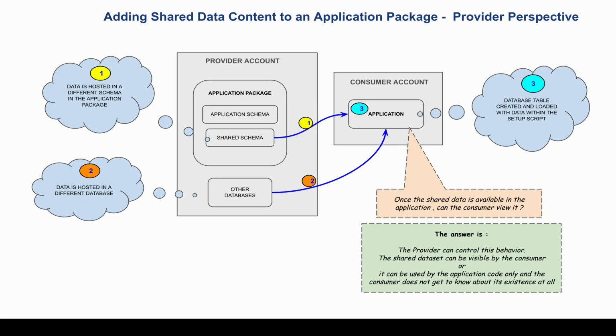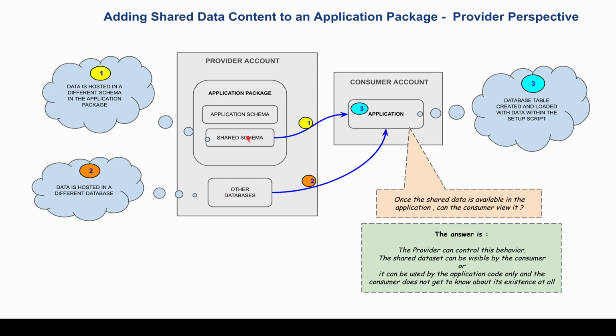Let's look at the number two way. The second way talks about hosting the data in a different database. Now it's very synonymous to number one. The only difference is data is not hosted directly on the shared schema. Data is hosted in another database.